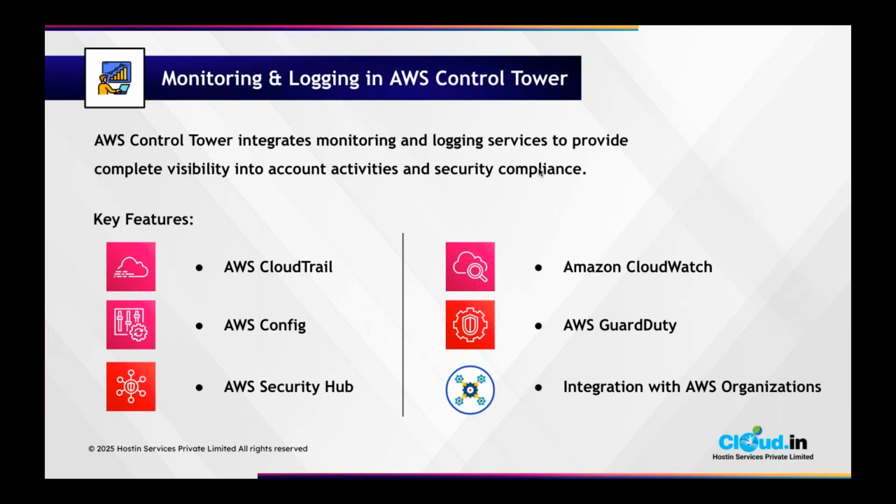With features like Account Factory, landing zone, guardrails, and automated IAM and security baselines, AWS Control Tower ensures your AWS infrastructure is secure, compliant and easy to manage. With that, I'll now hand it over to my colleague Riddhi, who will take us through the next part of today's webinar. Over to you.